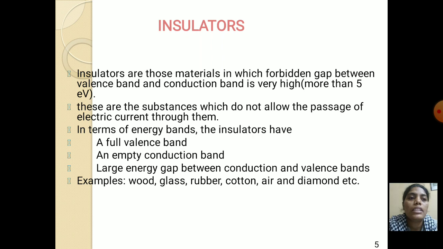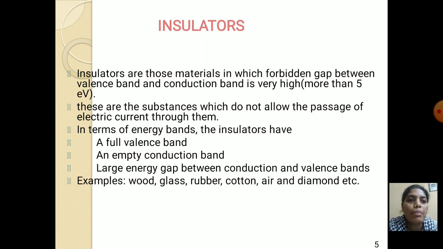Forbidden energy gap is more than 5 electron volt. As the gap is high, we can say that they do not allow the passage of electric current through them. In terms of energy bands, the insulators have a full valence band and an empty conduction band, and there is a large energy gap between conduction and valence bands.